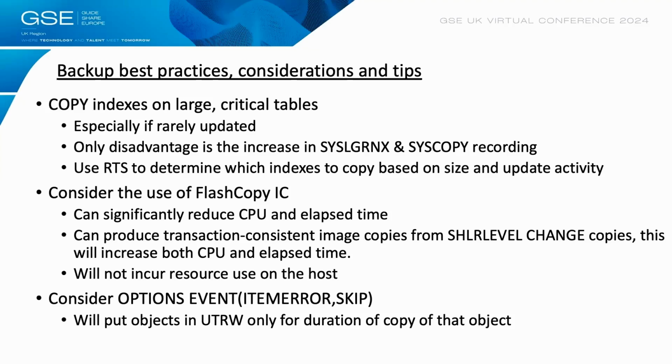If you're using FlashCopy, all the objects in the list are put into UTRW at the same time until the FCs are complete. So the theory is that with FlashCopy the object is only unavailable for that short period of the bitmap. I'm sure bitmap isn't the right word with our terminology, but just while it establishes that consistent point, and then it's released from it. So that should be a very short period of time.